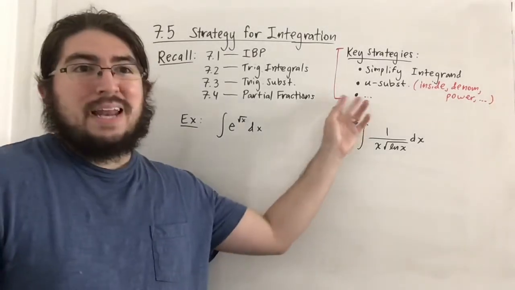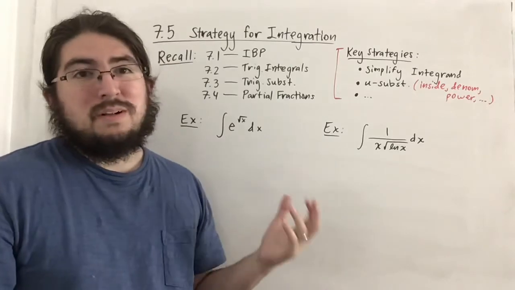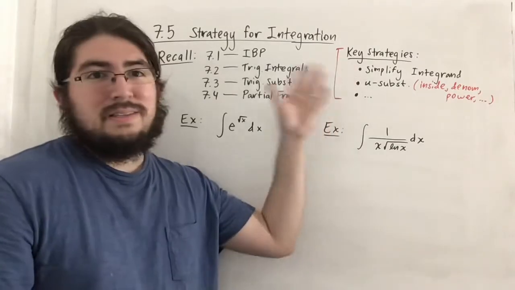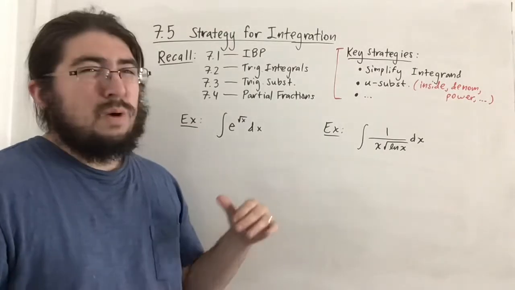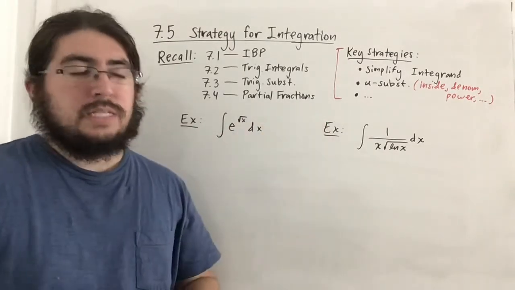And then here I have an empty spot because, well, sometimes nothing works and you just have to try different things. And what that entails, well, we'll kind of see in a few examples.